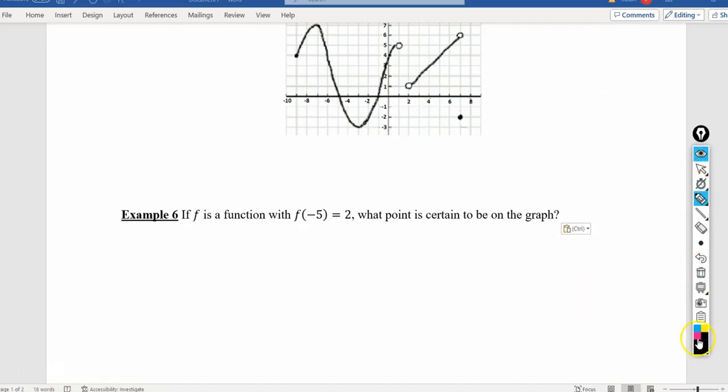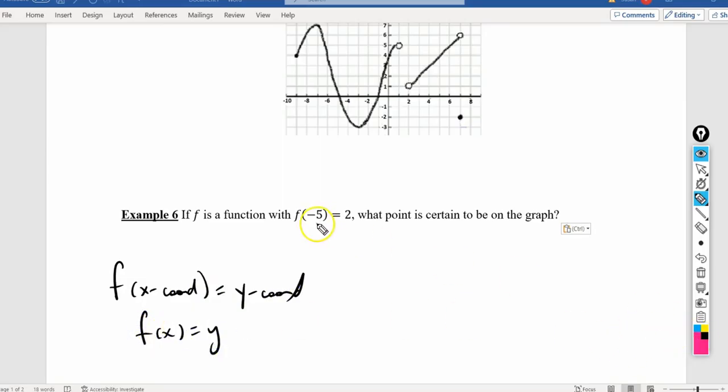Because remember, f evaluated at the x-coordinate is equal to the y-coordinate, i.e. f of x equals y. So that's the x-coordinate of your point on the graph, and that's the y-coordinate. So the point -5, 2 is on the graph.